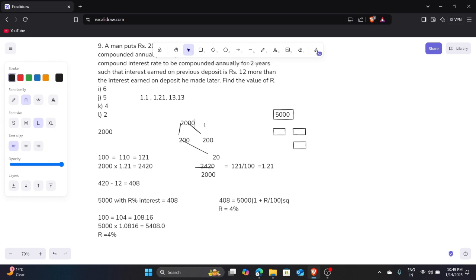Now you try with 4%. If you take 4% of 5,000, it will be 200 and 200. Then again 4% of 200 is 8. So when you add these three numbers, you can see 200 here, 200 here, and 8 here.